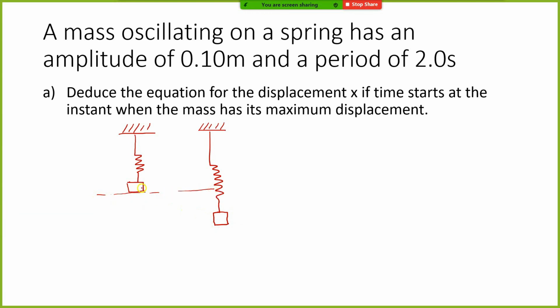There's no force applied in the first diagram, but as soon as you apply some force to the spring, it's going to extend to a maximum displacement. That maximum displacement is what we call the amplitude, which is 0.1 meters.